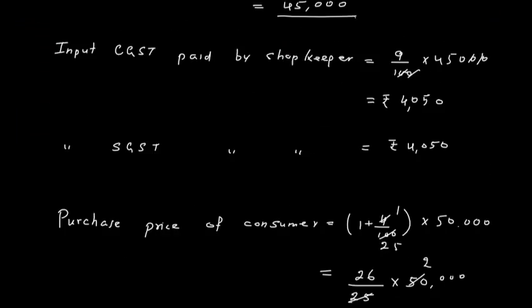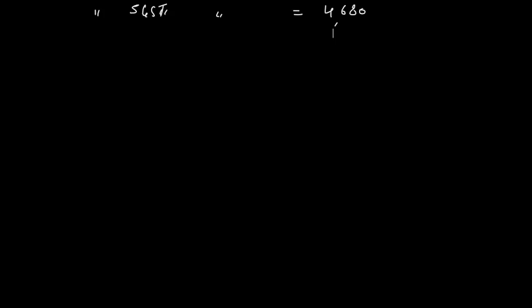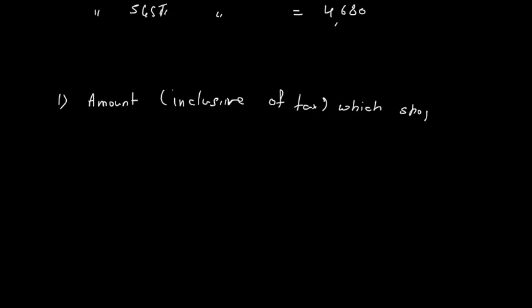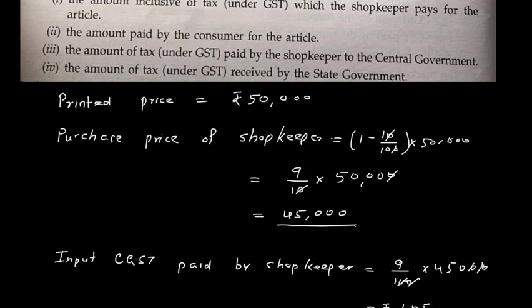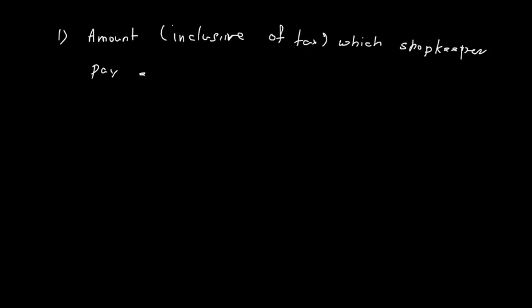So the amount inclusive of tax which the shopkeeper pays to the wholesaler: the purchase price for the shopkeeper was 45,000 plus 4,050 SGST plus 4,050 CGST.